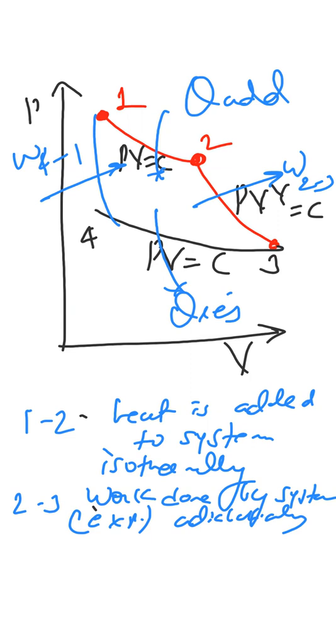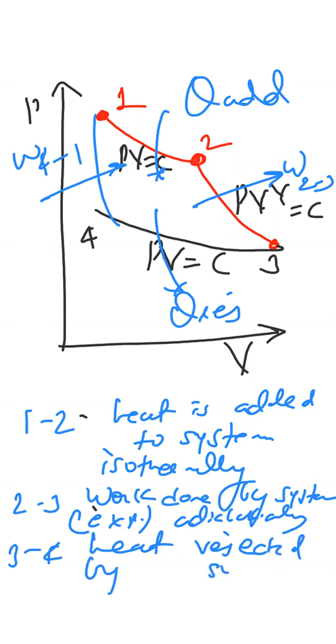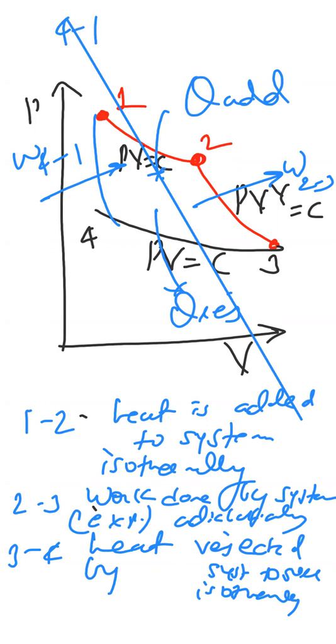And then next is 3 to 4. That is heat is rejected by the system to the surrounding, in isothermal manner. Isothermally, that means keeping the temperature constant. And 4 to 1 is work is done on the gas.